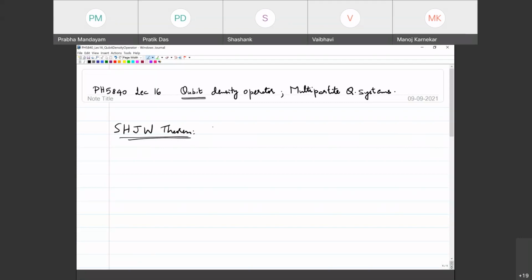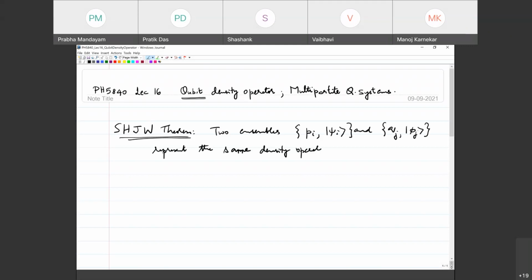And it says that two ensembles, that is p_i psi_i and q_j phi_j, represent the same density operator if and only if they are related like this.